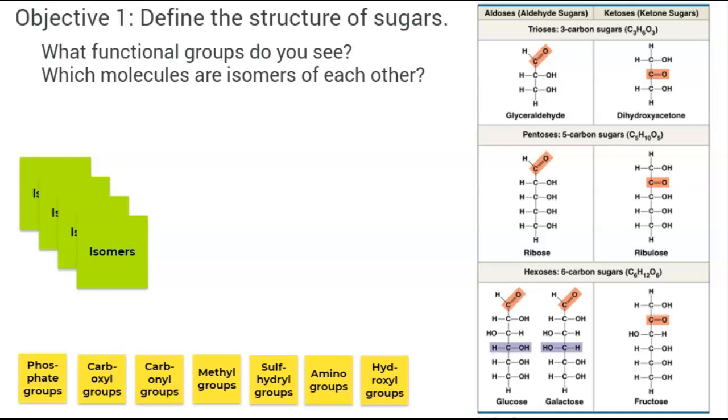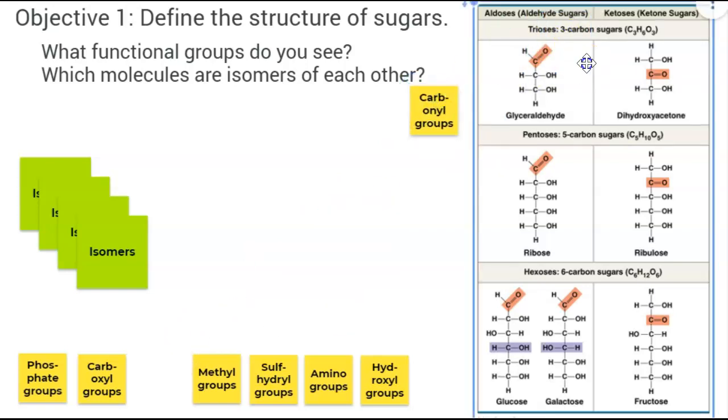So hopefully you recognize from what we had done before that within these sugar molecules, you have a carbon double bonded to an oxygen. And if you remember from our functional groups, those are carbonyl groups.